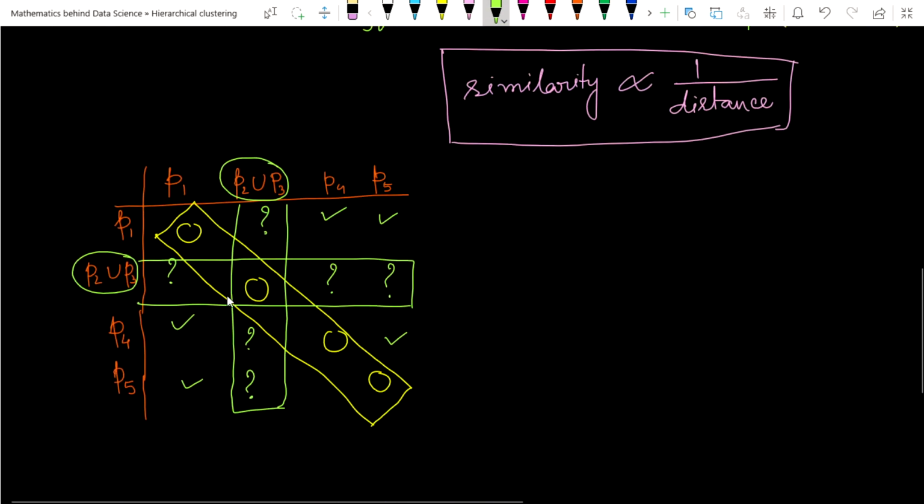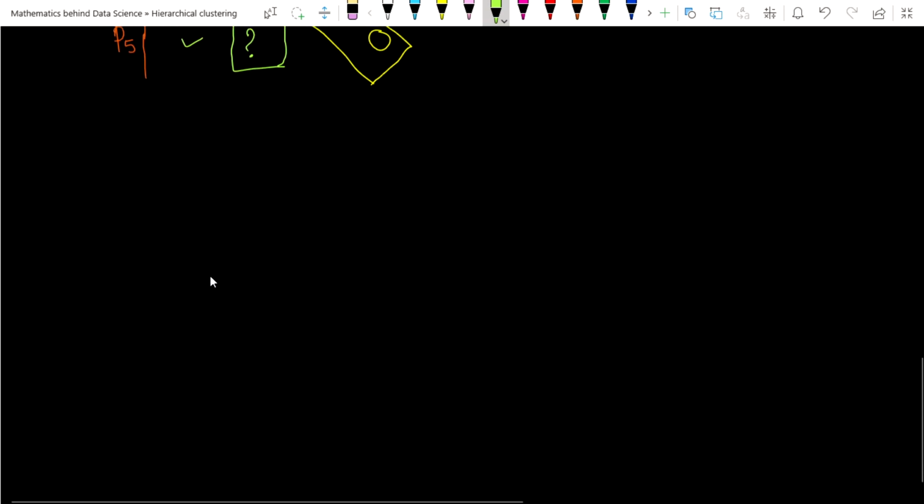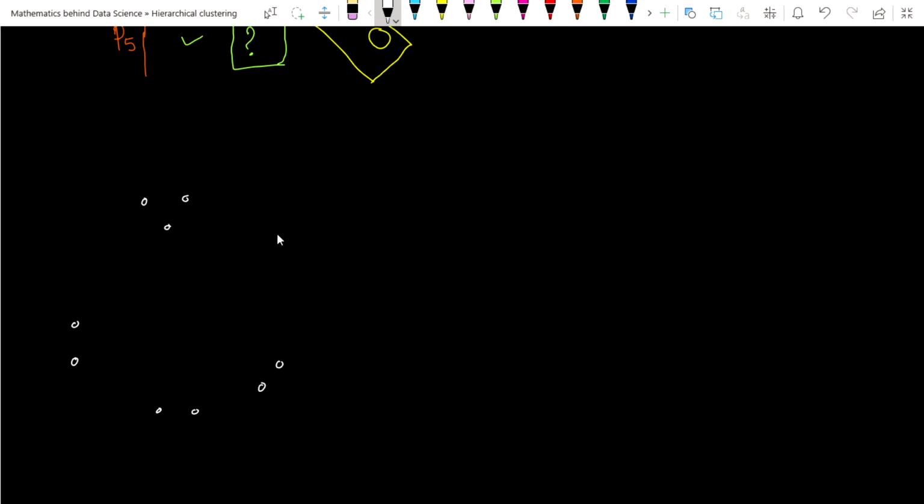Let's try to understand it through another example. Suppose initially we have this type of points, and this is our whole data set. Let's try to understand it more deeply.